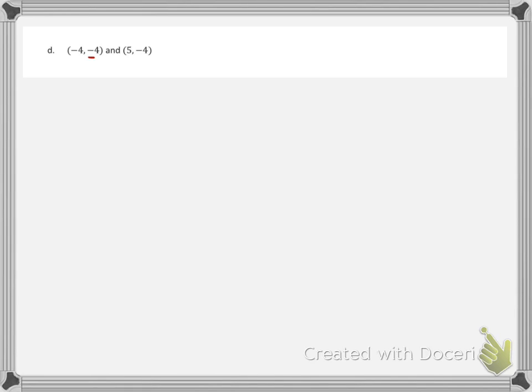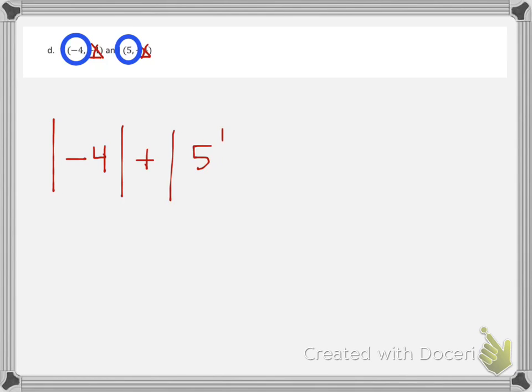This time I see that my y values are the same, so I'm going to ignore those. And I'm going to concentrate on my x values. Got a -4 and a +5. I notice that these are opposite signs, so I'm going to add absolute values. Absolute value of -4 plus the absolute value of 5.